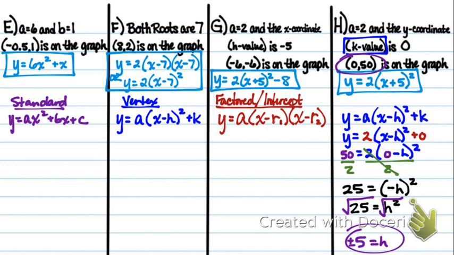Let me pull Desmos up and see. 2x plus 5, okay, it has to go through (0, 50).